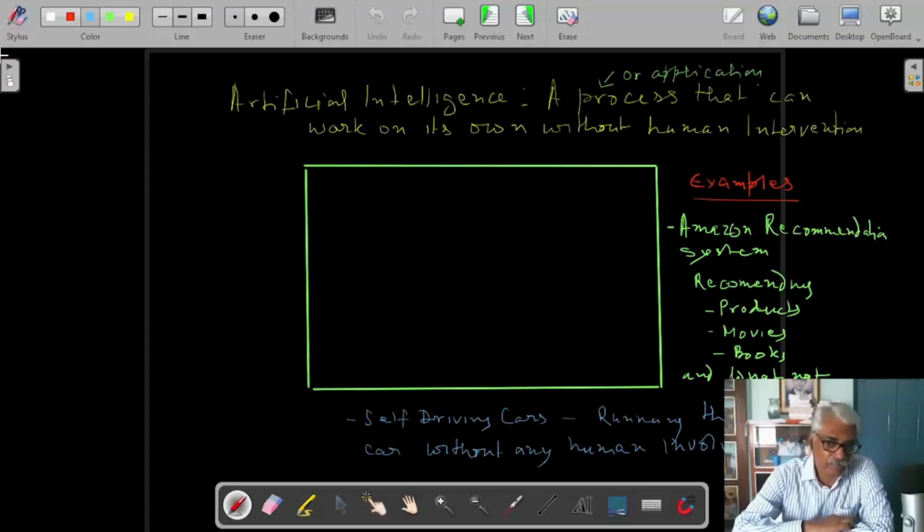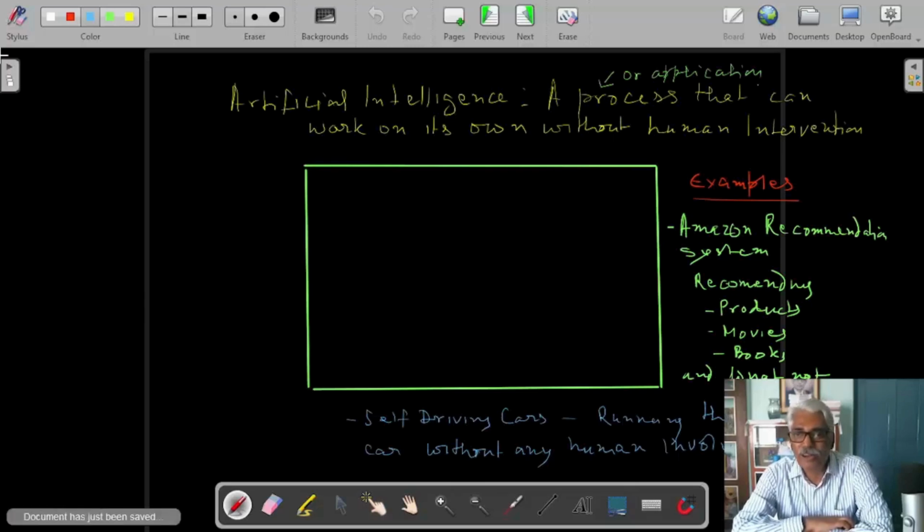So how does it happen? It happens because it is working on your past history. It is taking the past history of your searches and looking for the items. It finds those items which you will be interested in, and it will try to show you first those items which you probably like.